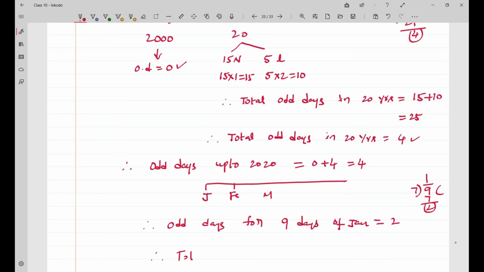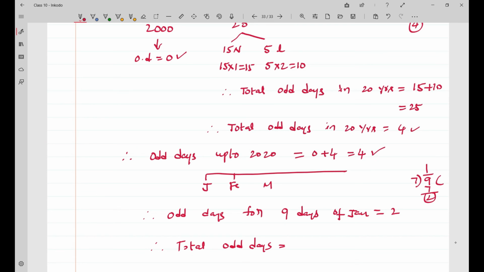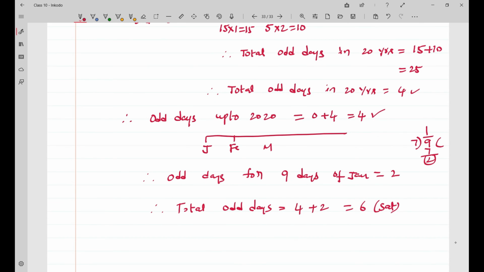Therefore total odd days equals odd days up to 2020 we got 4, then up to 9th Jan we got odd days 2, so 4 plus 2 is 6. 6 is the code of Saturday. Therefore the required day of 9th Jan 2021 equals Saturday.